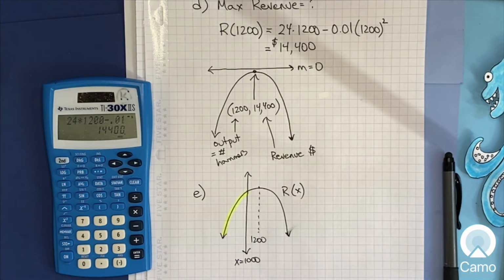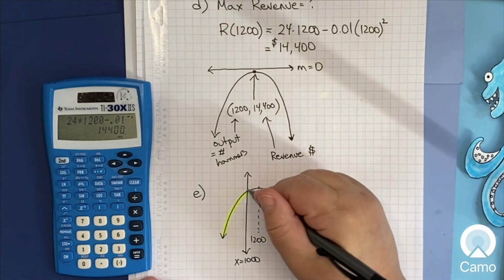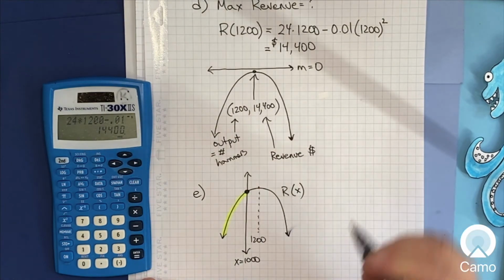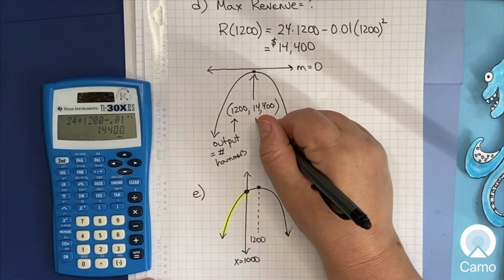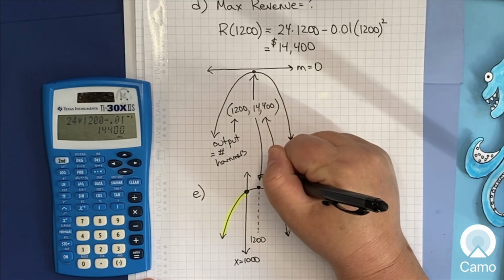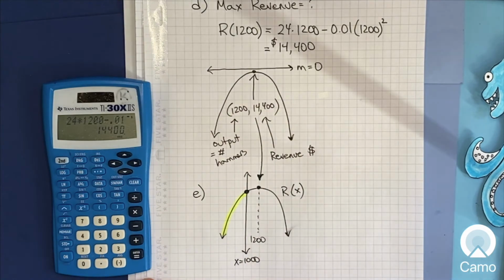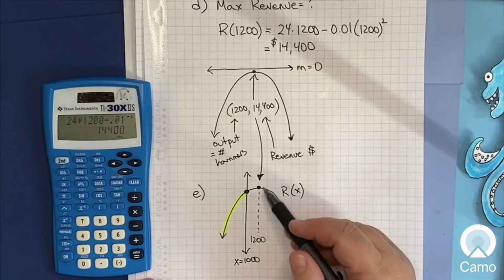So which is the biggest point? Well, I would claim that is the highest point. Now, this is the point from part D. If we've got all the space in the world, we can make as many hammers as we want to sell, then we should sell here.